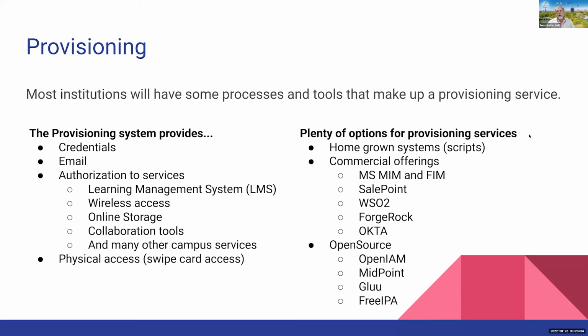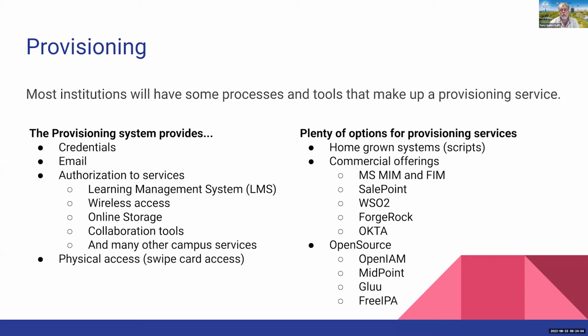Most institutions will have some sort of process and tools that will take this information and move it about so that it will enable access to various systems. And these systems are generally called provisioning systems. They take personal information out of the HR and the student information system, use that to create credentials, create email addresses and aliases, and set up authorization systems for various services.